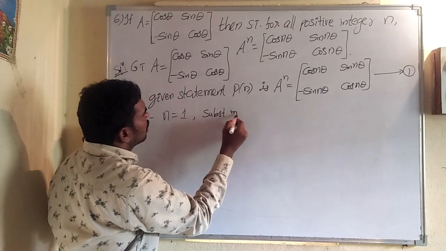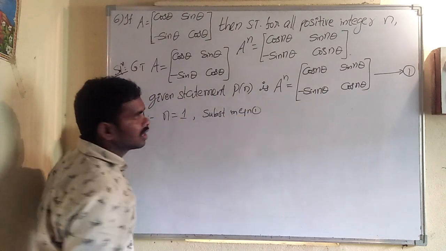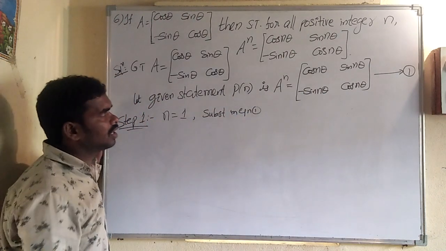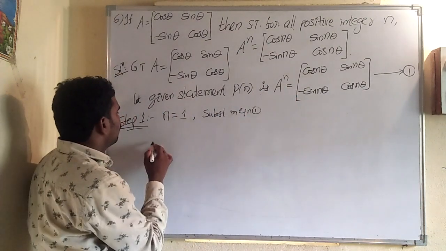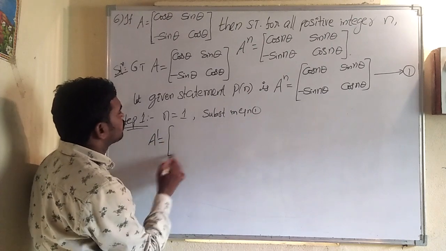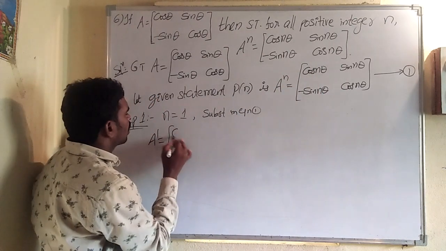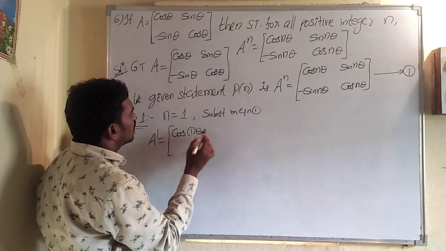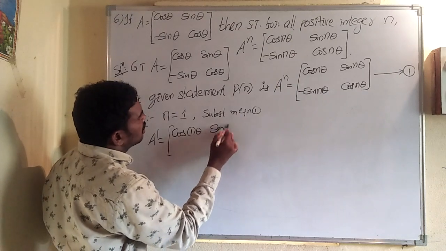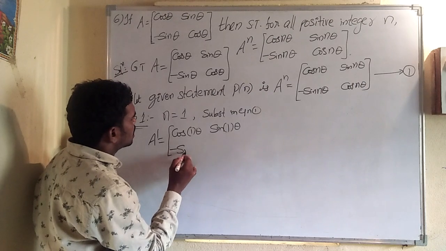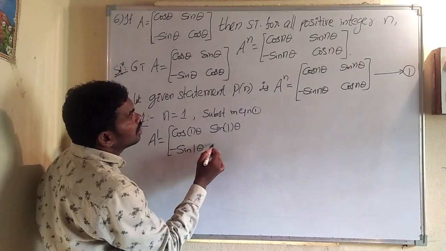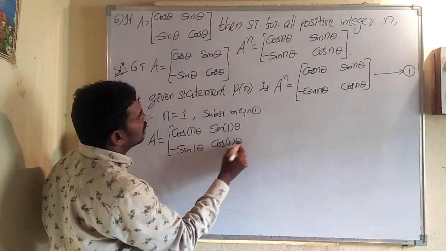For your convenience I am writing A power 1 is equal to, instead of n write 1: cos 1 theta, sin 1 theta, minus sin 1 theta, cos 1 theta.